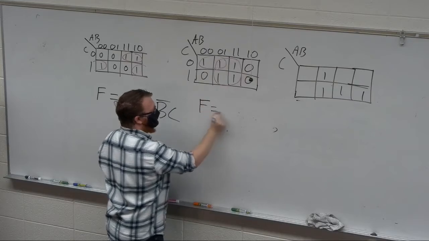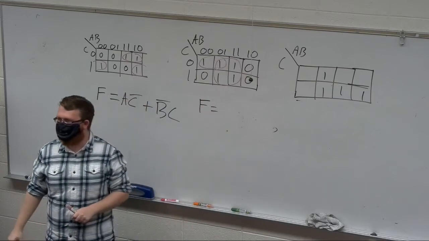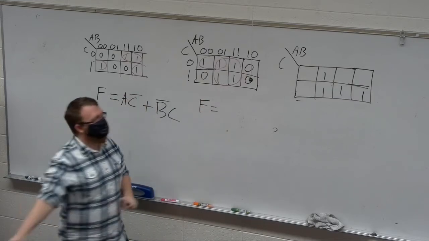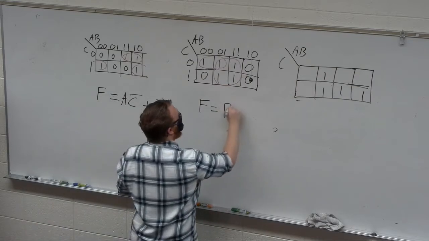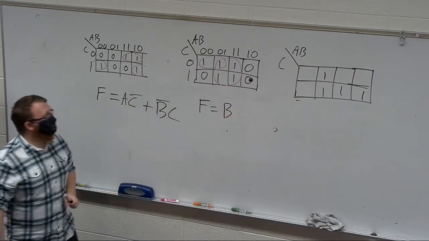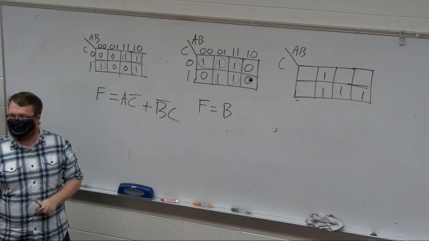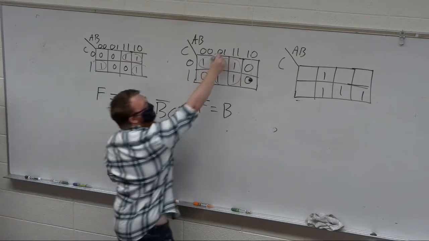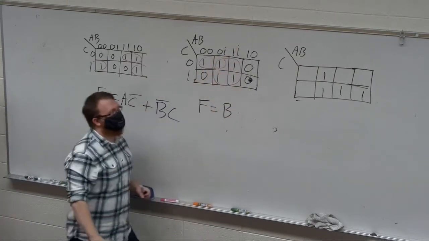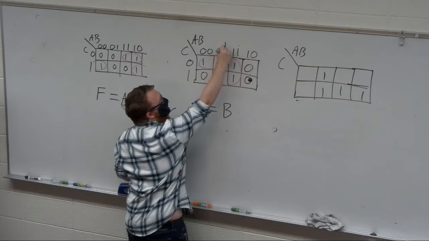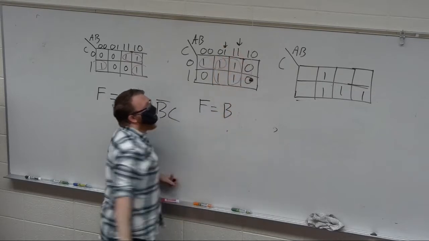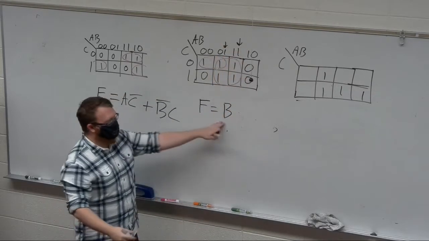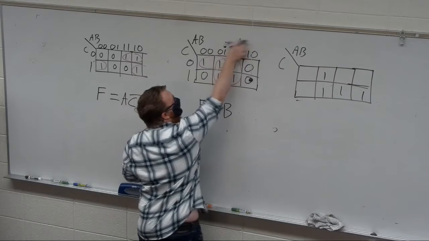So what is our first term? B. Why is it B and not B bar? Yes, because it's true, because of those ones. B didn't change. It is true. Therefore, it's B, not B bar.